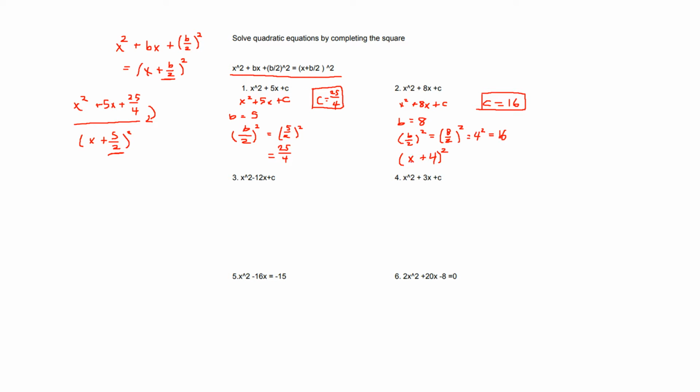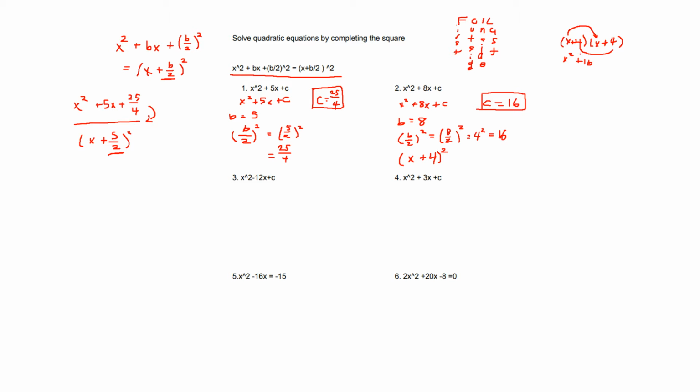And if you wanted to double check and see why this works, you can multiply this out. So I'll do the work on the side here. X plus 4 times itself because it's squared. So if we were to FOIL this, remember, FOIL is first, outside, inside, last. So multiply the first terms, x and x, so it becomes x squared.